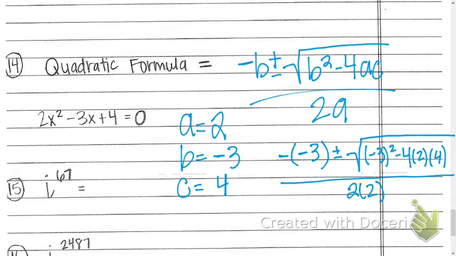The question on the test that involves this gives you a problem, and it gives you different choices of numbers plugged into the quadratic formula. So you've got to know the quadratic formula in order to do this problem, otherwise you're not going to know where the numbers go. Okay?